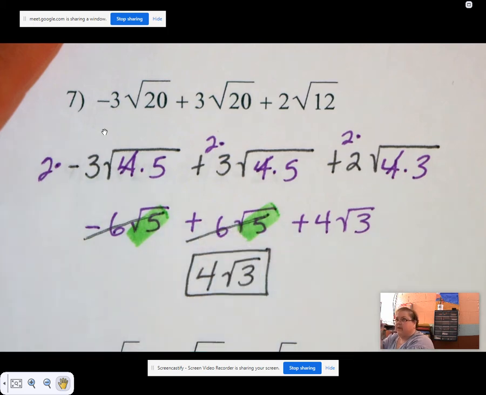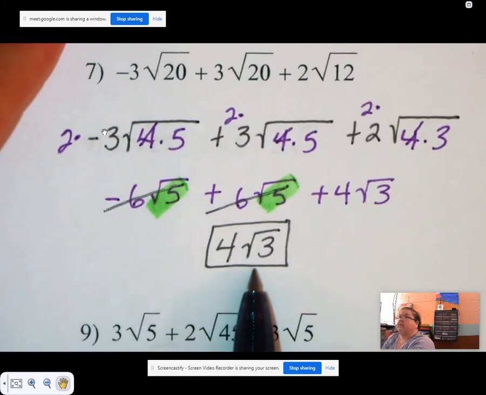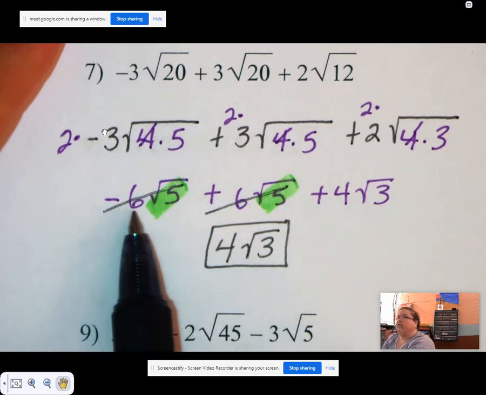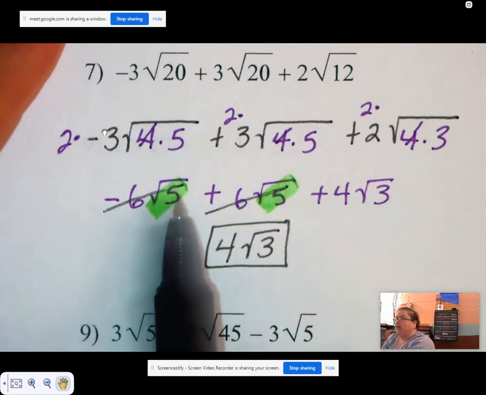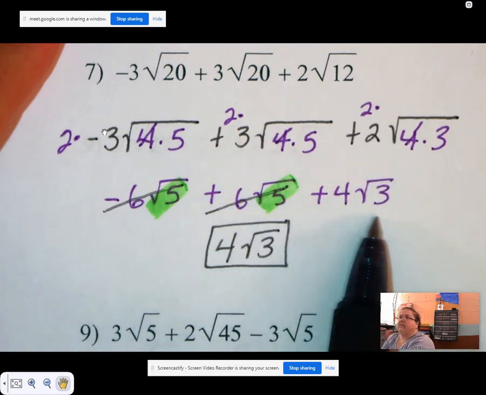Because really what it is, negative 6 root 5, take away 6 root 5, it all goes away. Thank you for sharing that so I can say that. So when you combine these, if your coefficients are a 0, it's 0. The whole thing goes away, and then all you have left is what's left.